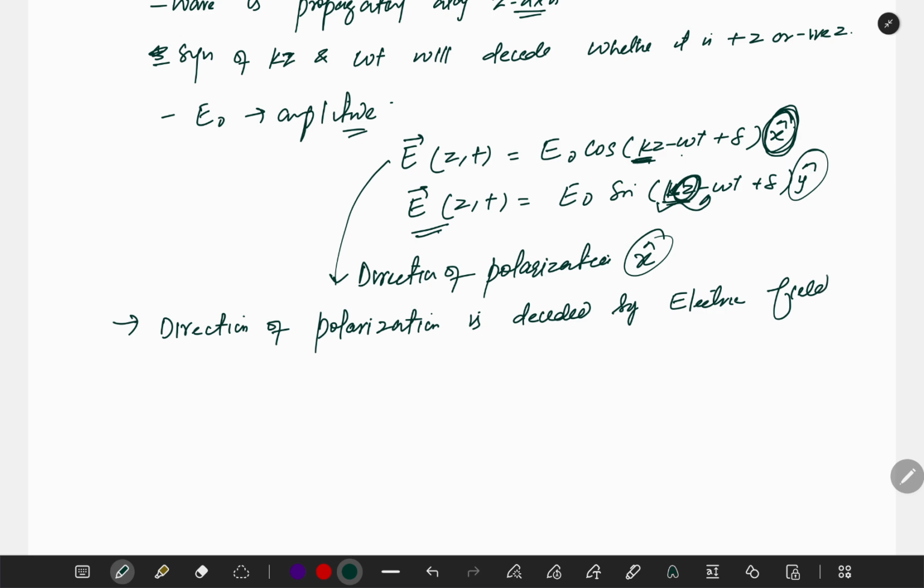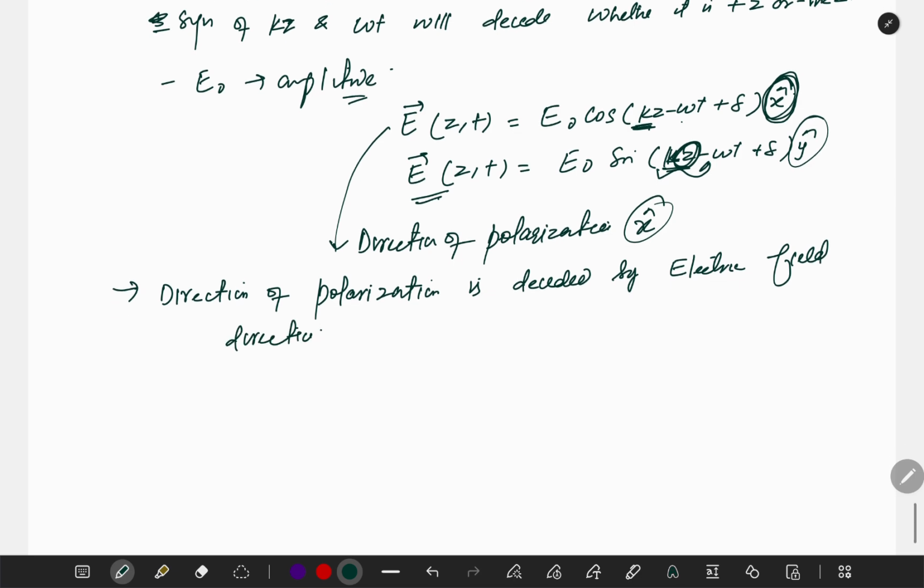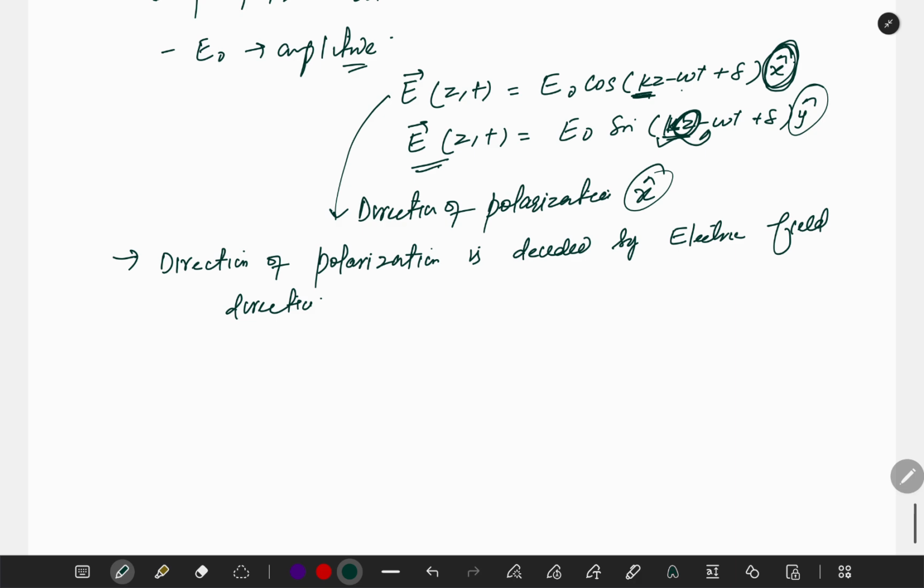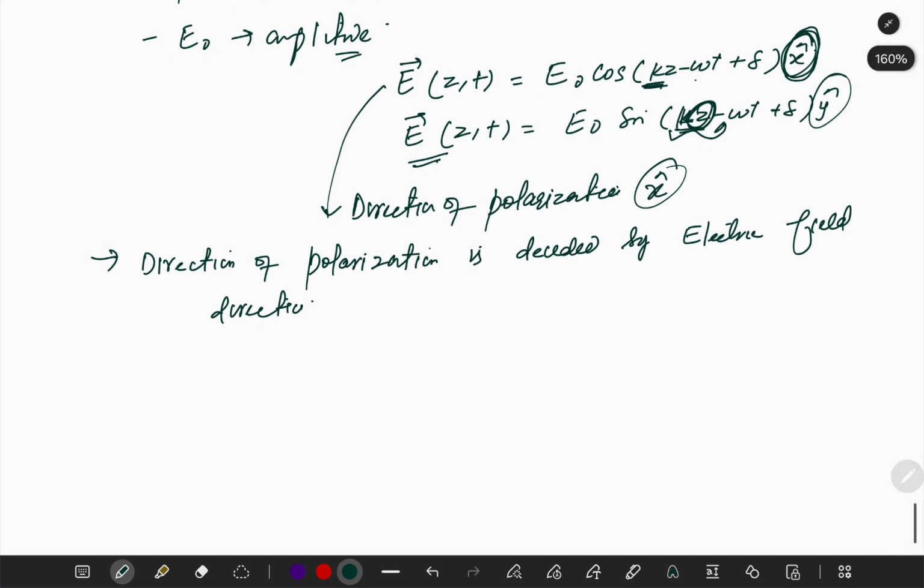We know from the very beginning, from high school physics, that the electric field and magnetic field are perpendicular to each other and perpendicular to the direction of propagation. So if we decided the electric field is along x cap and propagation is along z cap, then there remains only one axis, the y axis.